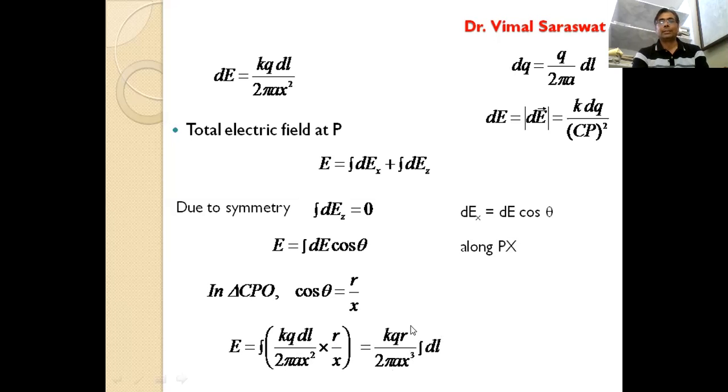This is the total length of the circular loop. It means integration of dl will be equal to the circumference of the loop, which is 2 pi a. If we substitute 2 pi a here, then 2 pi a will be cancelled out, and hence the electric field at P will be E is equal to kqr upon x cube.